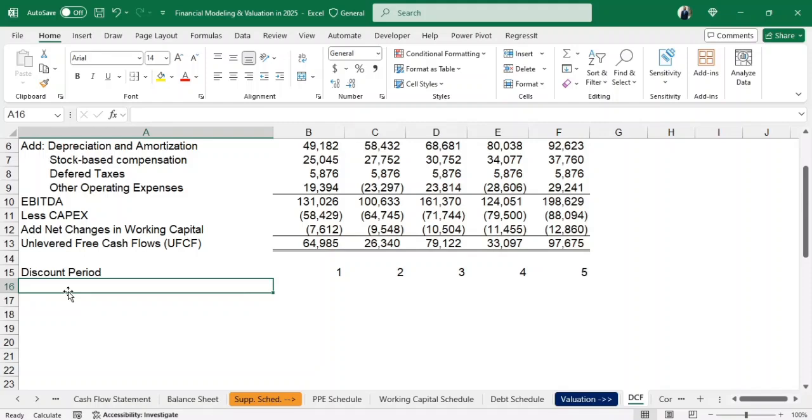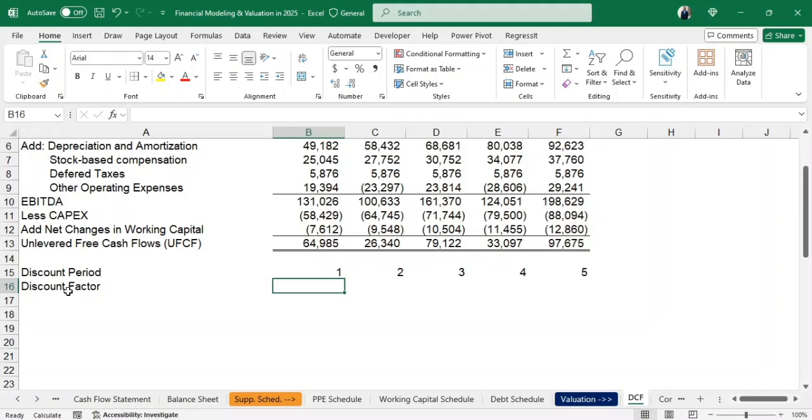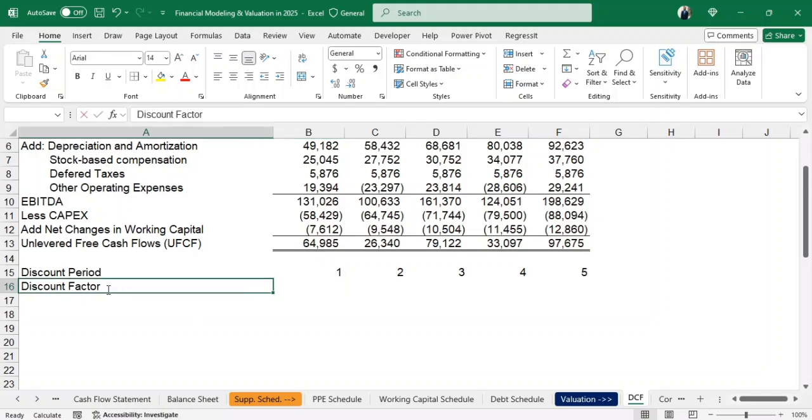Now that we have our discount period, we can calculate what we call the discount factor. All right, now the discount factor is calculated by a formula. The formula for our discount factor is, let me put it in brackets, 1 plus our discount rate, which is denoted as lowercase r, and I'll close this, and this is going to be raised to the power n, which is the number of periods, which is the discount period we have put at the top here.